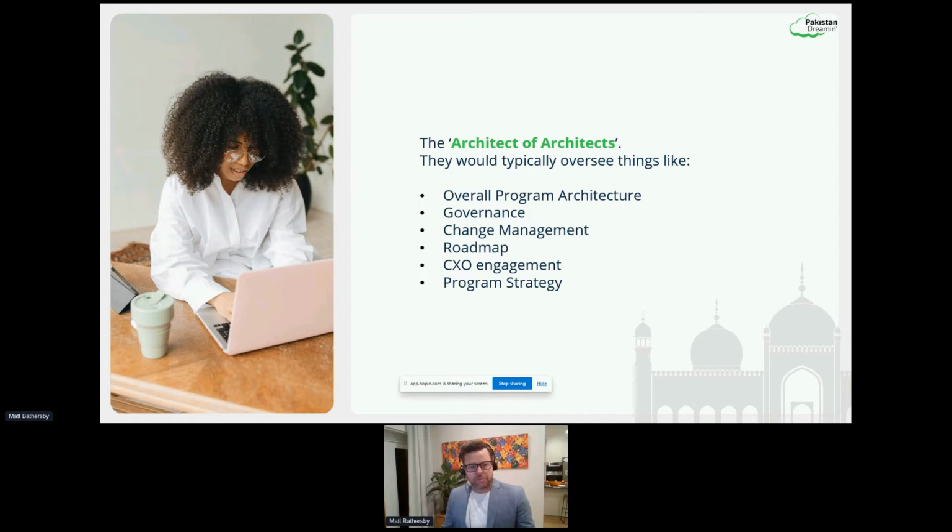Some other things that they would potentially oversee would be things like overseeing the target operating model. What does that operating model look like in terms of where we're trying to take the enterprise and the architecture within the enterprise? Things like being involved in the backlog, prioritizing what is delivered, when it is delivered. A lot of things in terms of supporting business planning.